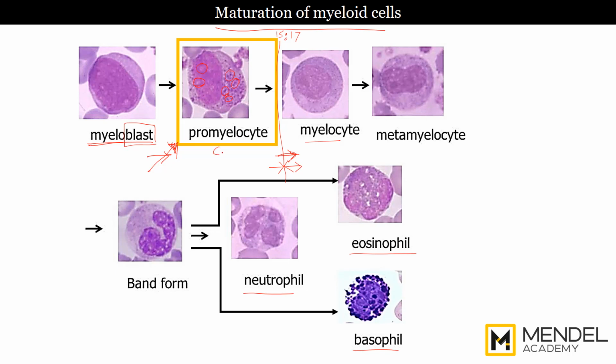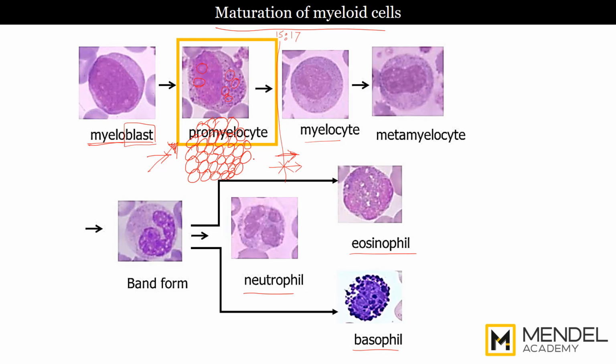So a myeloblast continues to make promyelocytes, multiple promyelocytes, but they cannot go on and make a myelocyte or any of the cells thereafter. So what happens as a result is there is piling up of the promyelocytes in the bone marrow. And this is the pathophysiology of the formation of acute promyelocytic leukemia.